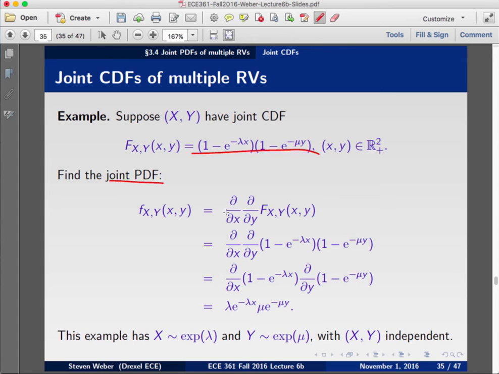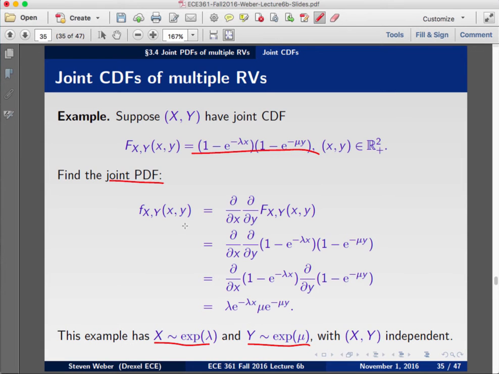Now, once you're more comfortable with this material, and just looking at this, you will see, oh, this is the joint CDF that corresponds to the product of two exponentially distributed random variables that are independent of one another. That is to say that we know that X is exponentially distributed with parameter lambda, Y is exponentially distributed with parameter mu, and X and Y are independent.